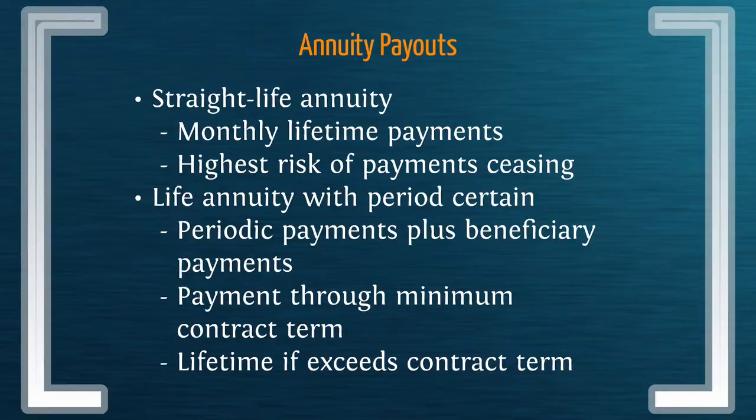If the investor lives beyond that minimum time, let's say it's 20 years, and they live to receive at least 20 years of payments, then they've exceeded the minimum, and once they pass away, there will be no payments to the beneficiary, since the issuer has made at least their minimum obligation under the annuity contract.